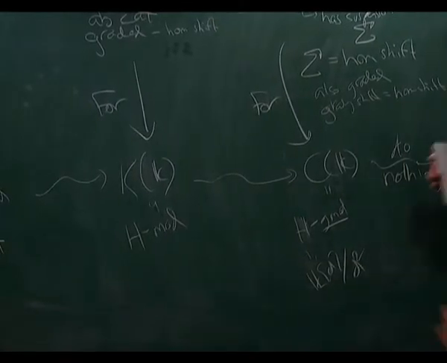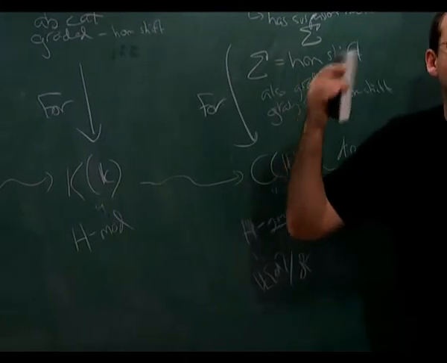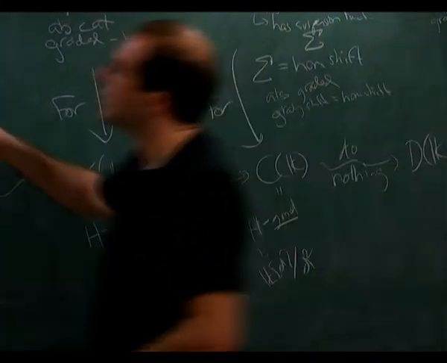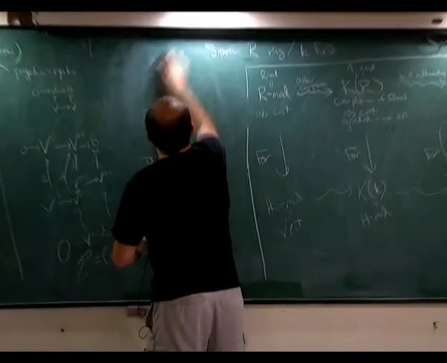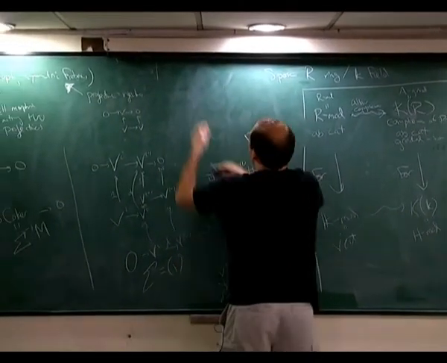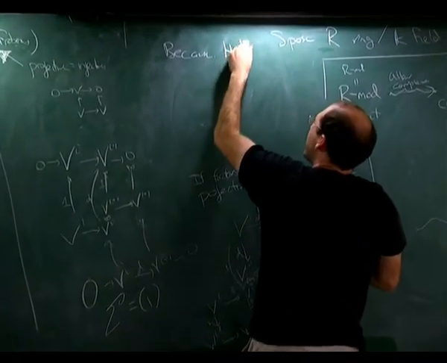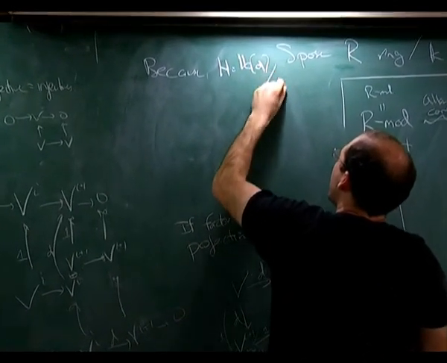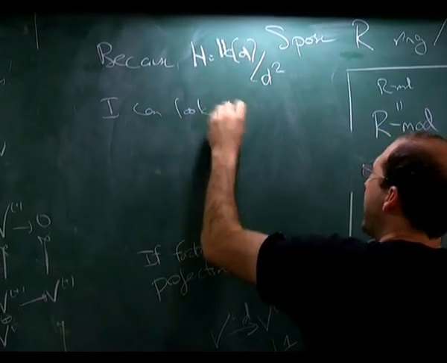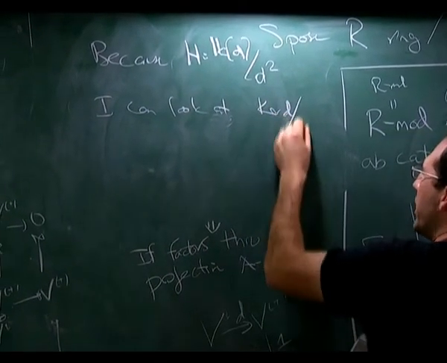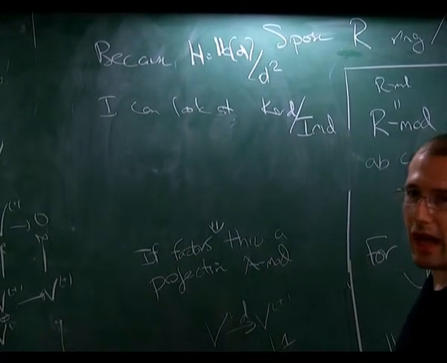So in this weird language of KD mod D squared modules, I can't say what homotopy is. I can take the kernel of D. Because H is KD mod D squared, I can look at the kernel of D modulo the image of D. And this makes sense.